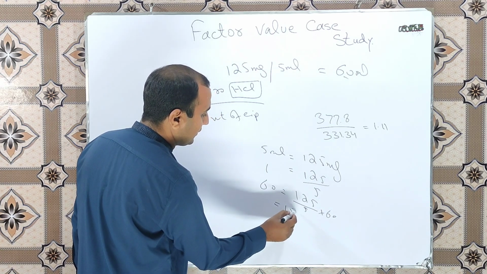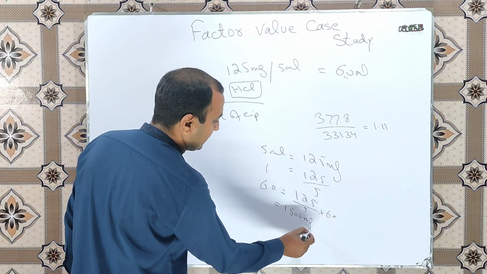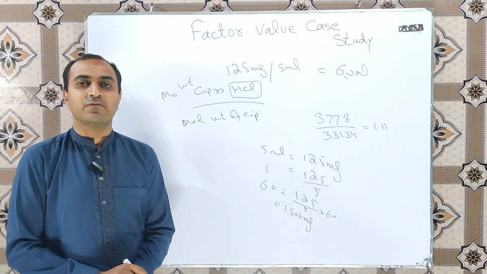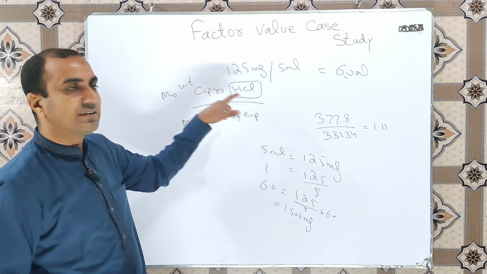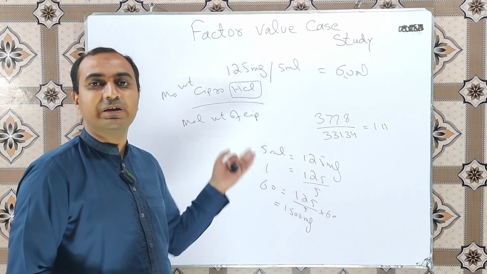The answer will be 1500 milligram. So this value is for the ciprofloxacin.